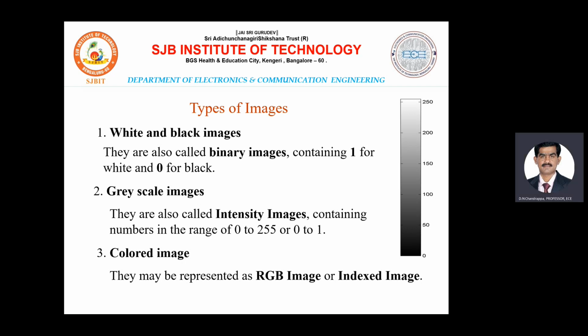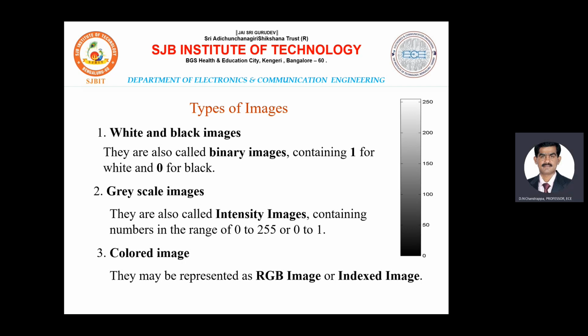The second one is the grayscale image. The grayscale image is also known as the intensity image. The range of values in the grayscale image is from 0 to 255. And finally, the last one is the color image.